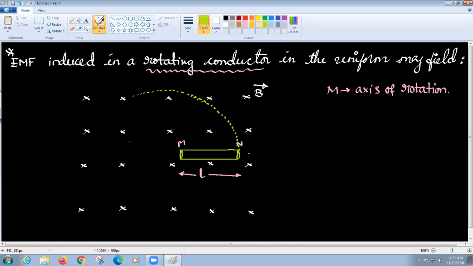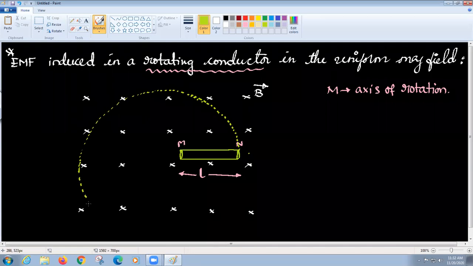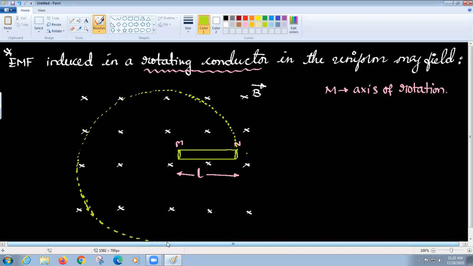Now it's very difficult to get this figure. This figure will take a great time. You think it's approximately a circle? Because the length L of the conductor is not changing, you have uniform circular motion like this.